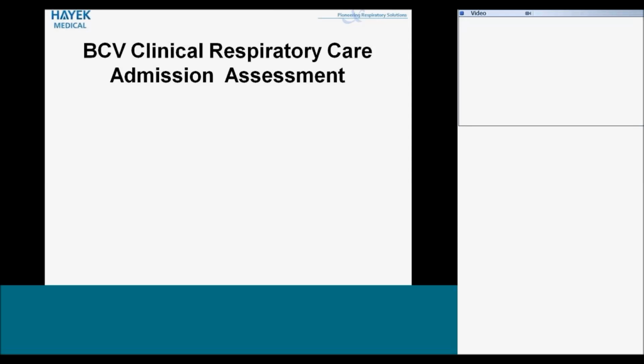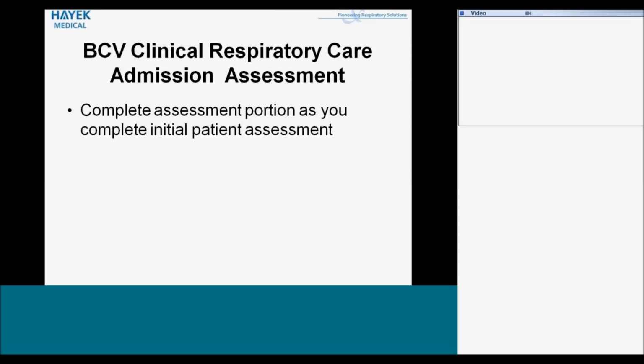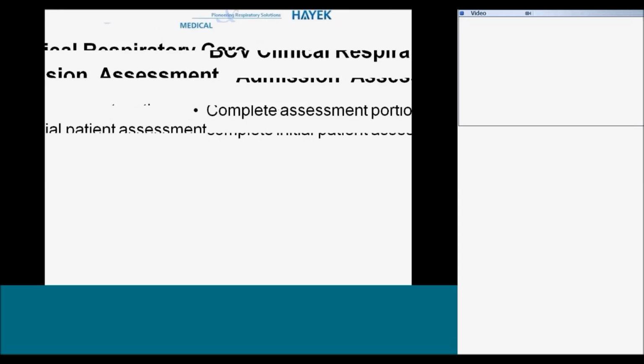The admission assessment. Complete that as you complete the initial patient assessment at the beginning of your visit, as we talked about. Here's an example of the admission assessment. This was one that I did last year. And you can see we've got every blank.